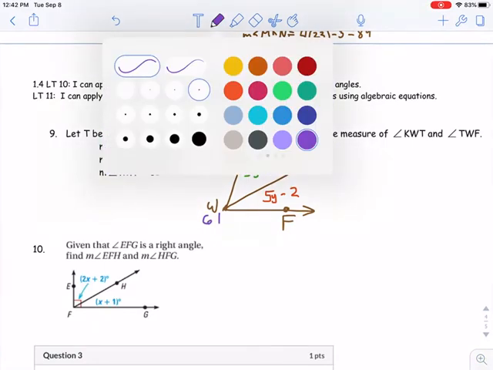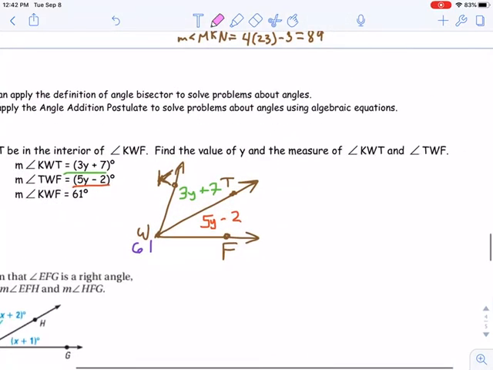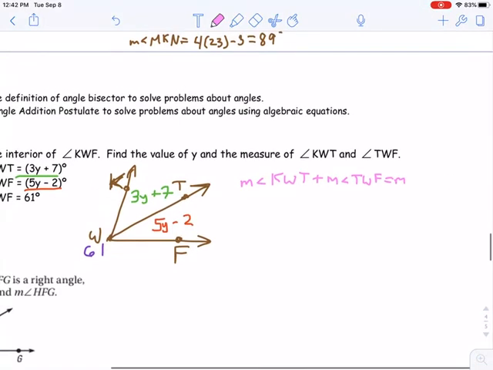So I'm going to use my good friend, the angle addition postulate, and say that the measure of angle KWT plus the measure of angle TWF equals the measure of angle KWF. Then I'm just going to plug in everything: that was 3y plus 7, that's 5y minus 2, and that's 61.